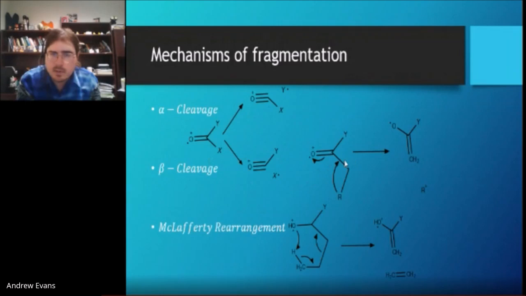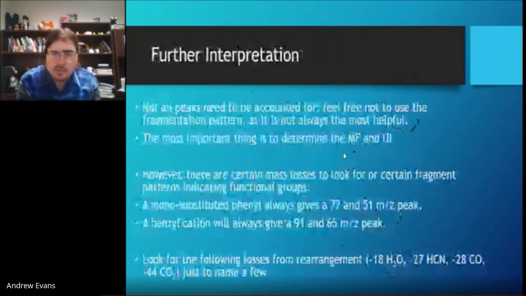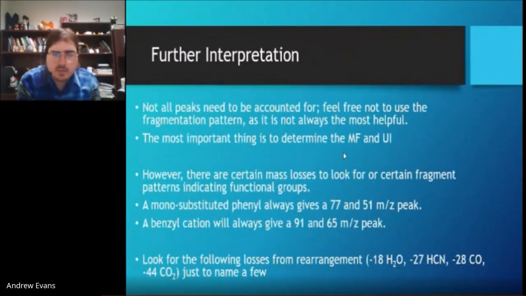We could also see a rearrangement to form loss of the R group to form this stabilized radical. I'm not going to go through the McLafferty rearrangement, but essentially we can look for losses.